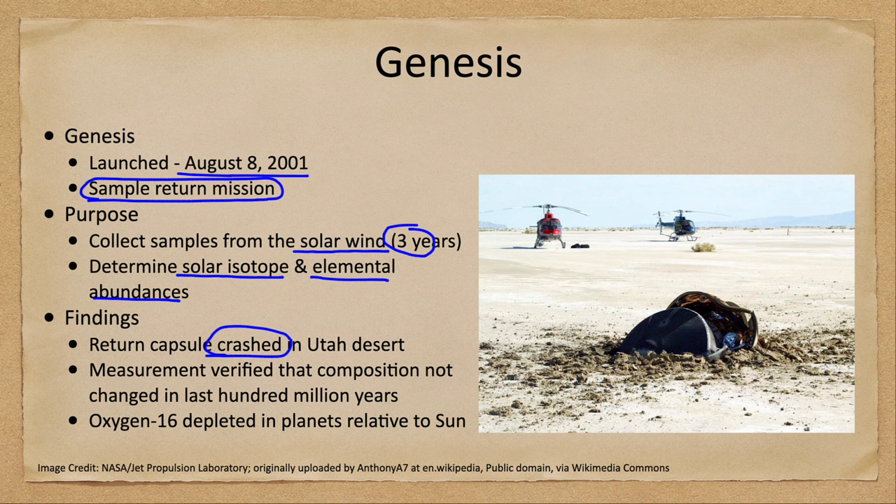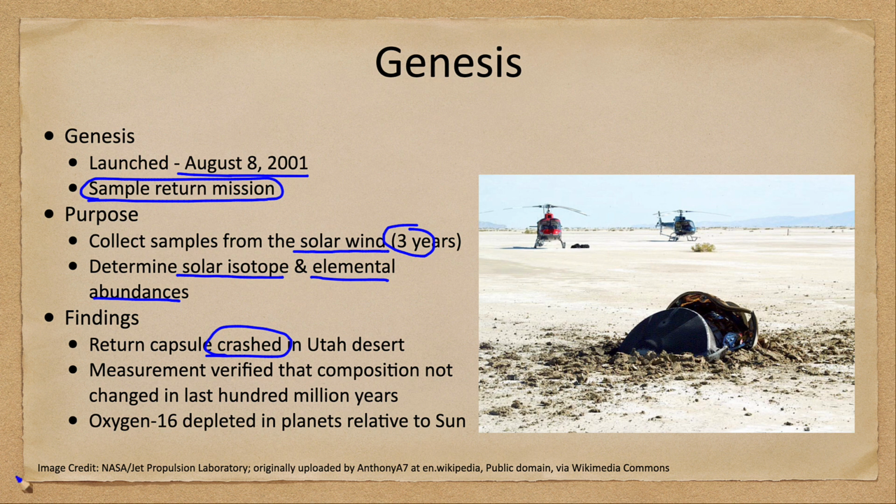Here we see it crashed into the Utah desert. However, at least some of the material survived and was able to be used. Other parts were destroyed or contaminated to a point where they then could not be used to study because we needed the pristine examples of the solar material.